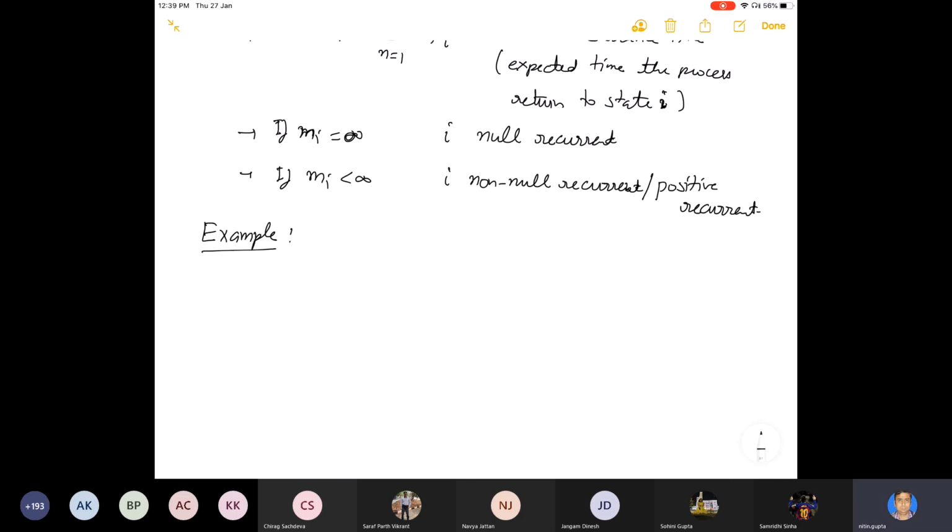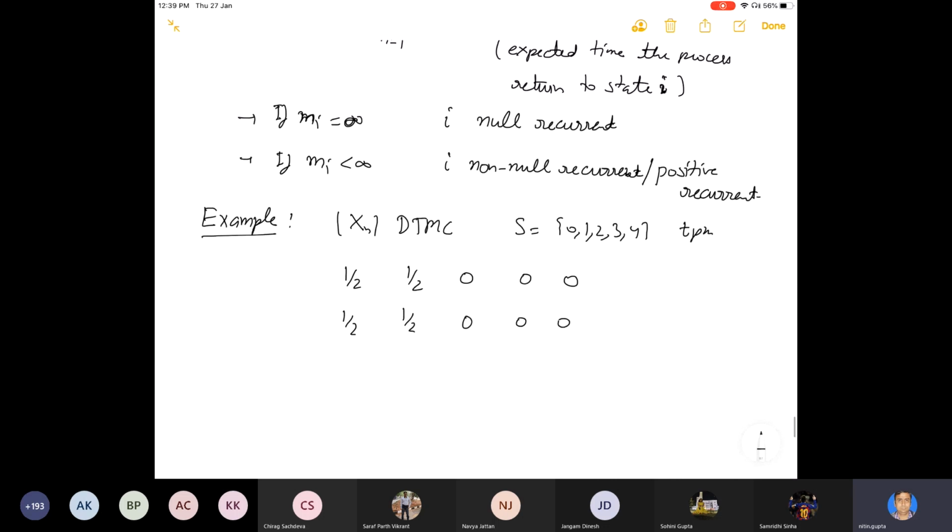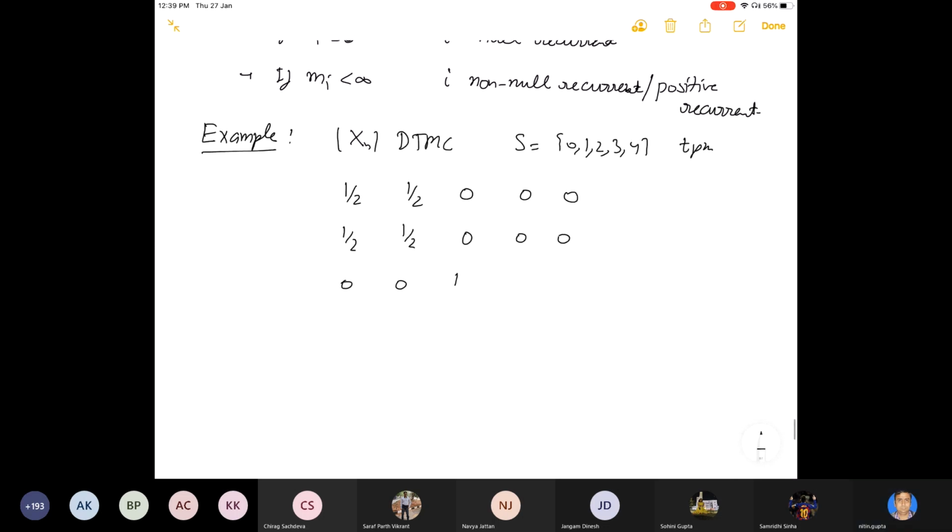So let us consider a discrete time Markov chain having states 0, 1, 2, 3, 4 and TPM as half, half, 0, 0, 0, half, half, 0, 0, 0, 0, 0, half, half, 0, 0, 0, half, half, 0, 1 by 4, 1 by 4, 0, 0, 1 by 2.